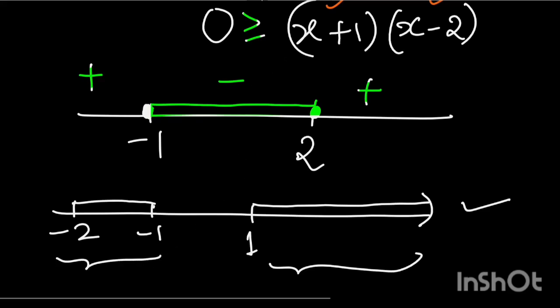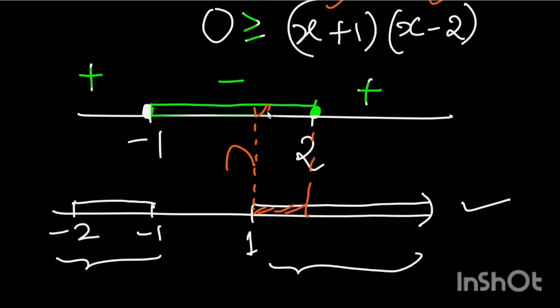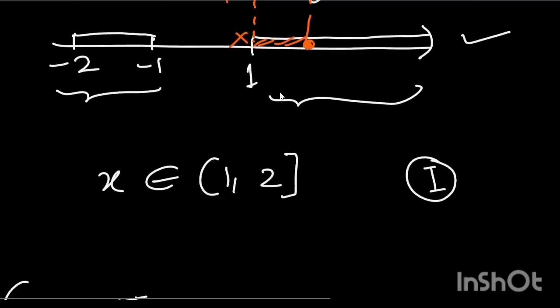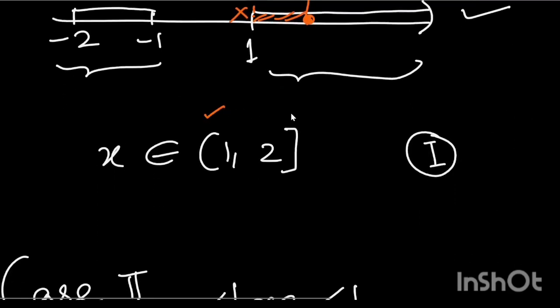So if you take intersection with this, okay, as you can see here, this portion 1 to 2 is common to both here as well as here. The intersection here, 2 is included, 2 is included here as well, 1 is not here, 1 is here, so their intersection would be 1 excluded, 2 included. So the first case answer is this. In the similar way, we need to solve the second case, and we will take the union of the first and the second case.